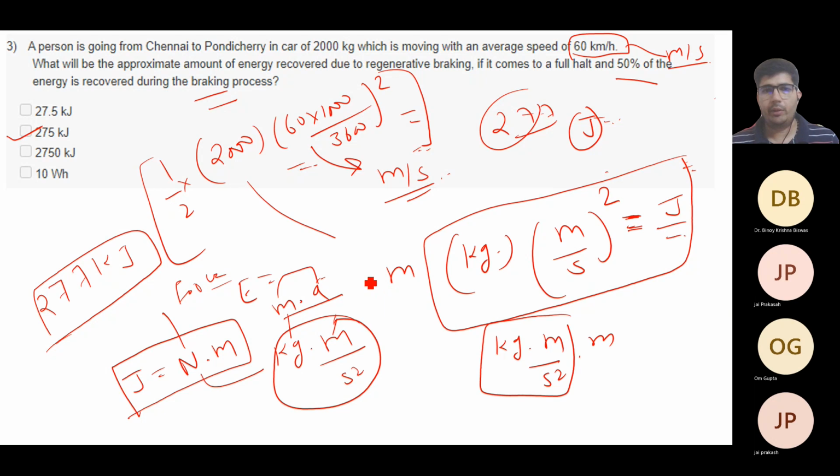This will become Newton, this is meter. So Newton into meter is joule. In this way, it is joule. So whenever you are solving any numerical, always try to be familiar with the units. If you know the units very well, then you can solve the question very easily.